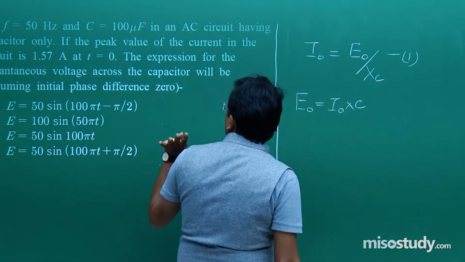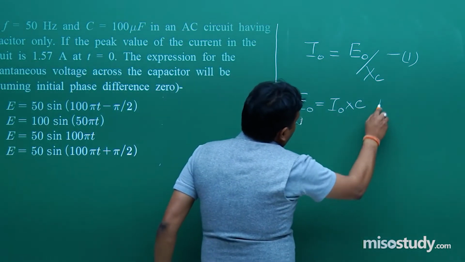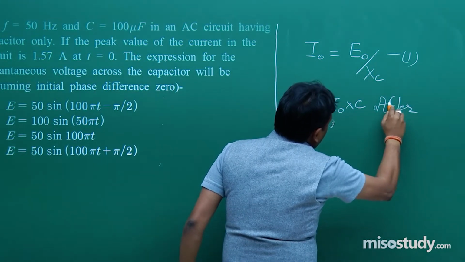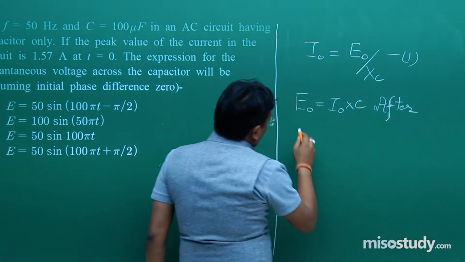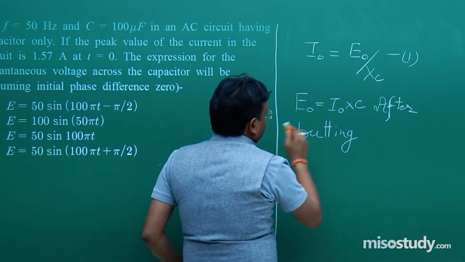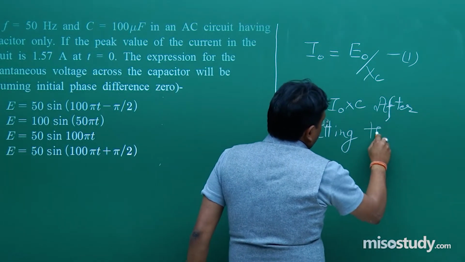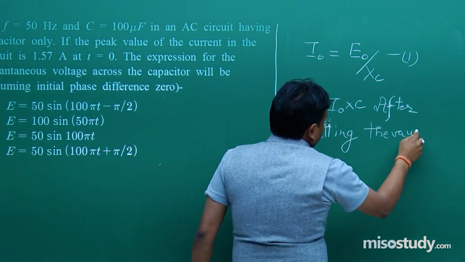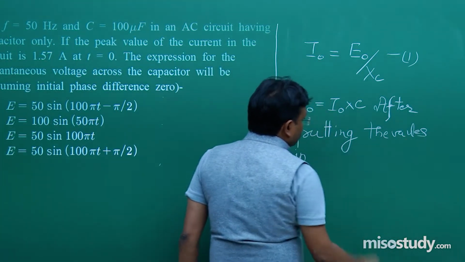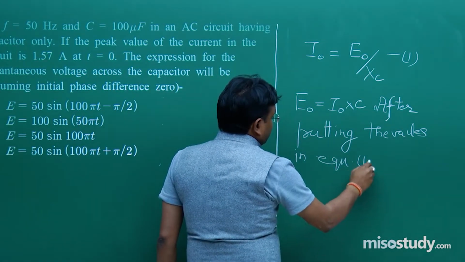Now put the values over here. All values are given. So once you put the values, after putting the values, E is equal to I naught XC, after putting the values in equation 1.